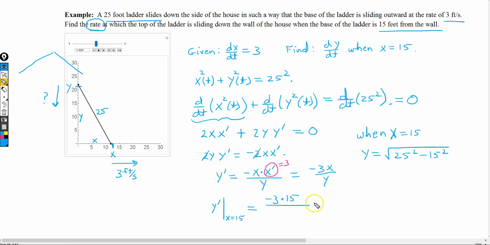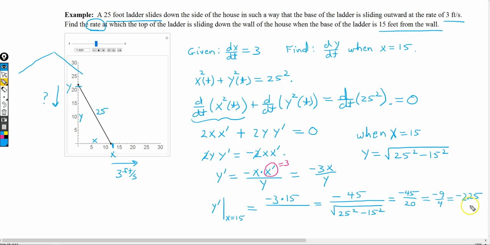And so what we get here then is our answer, which is negative 45 divided by the square root, and that can be simplified as negative 45 over 20. That 20 just happens to be the square root of 25 squared minus 15 squared, and this is negative 9/4, or negative 2.25.